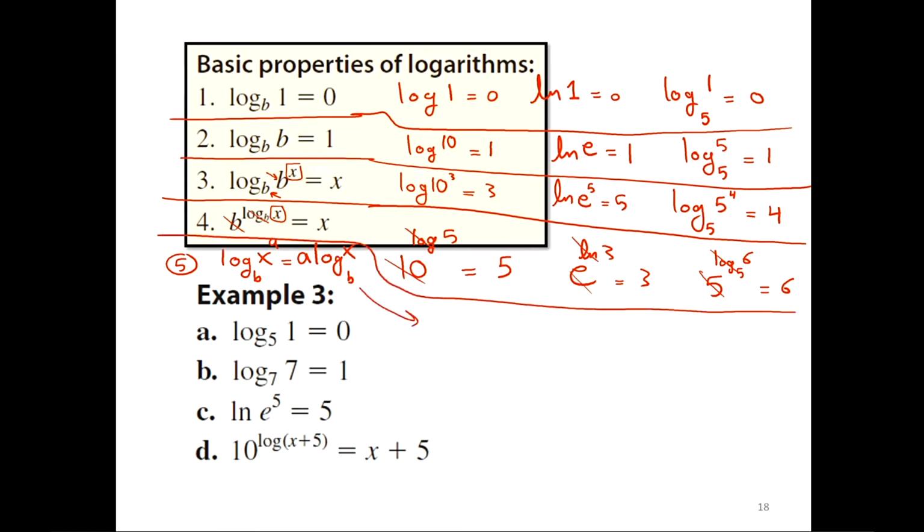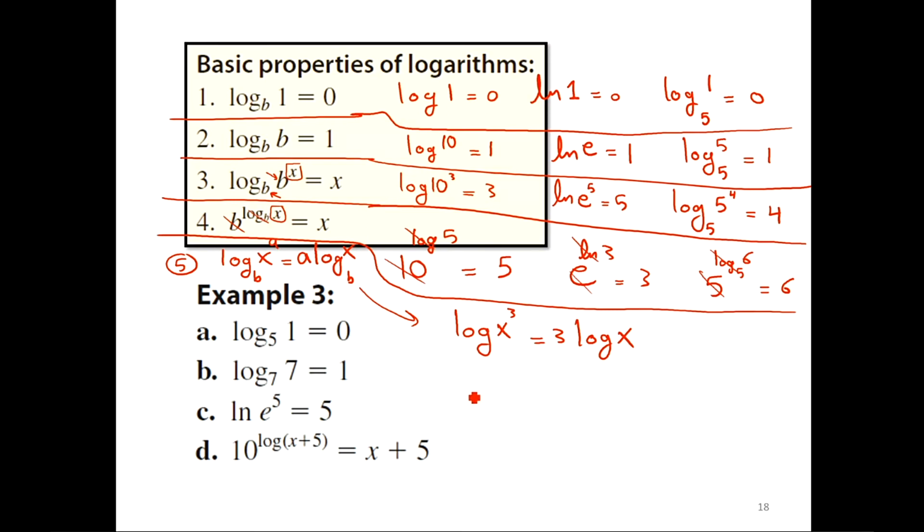For example, if we have logarithm x to the power 3 to base 10, we have 3 log x, like this. We can take the 3 and convert it from an exponent to a multiplier of the logarithm.